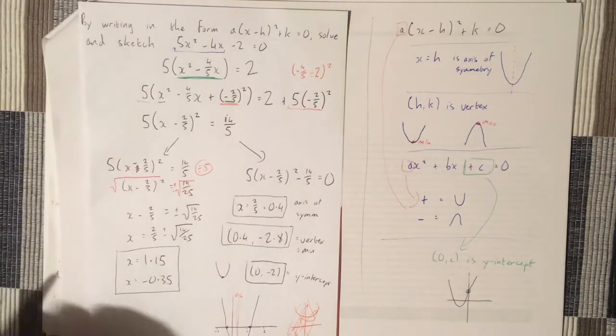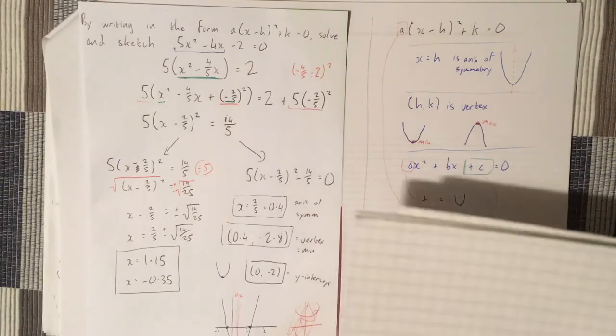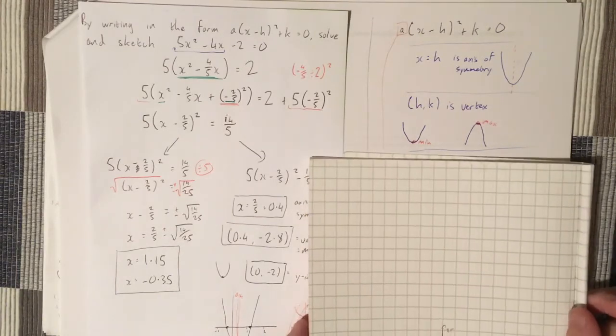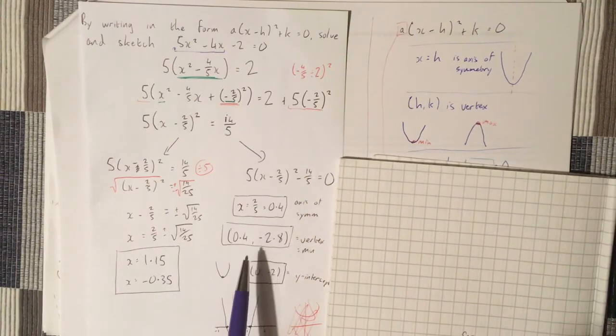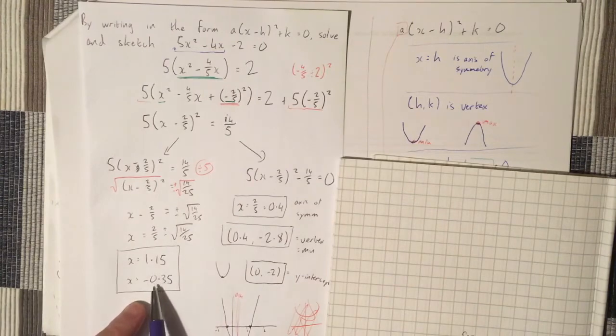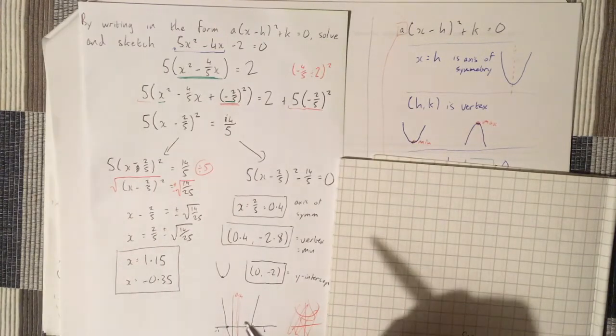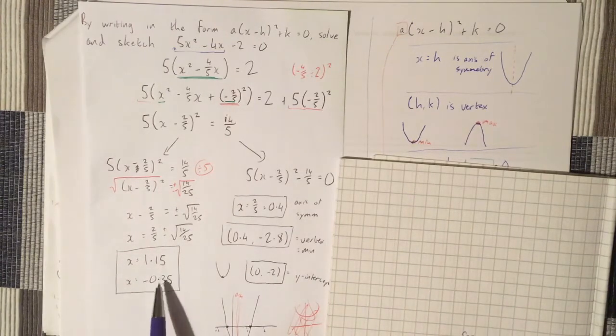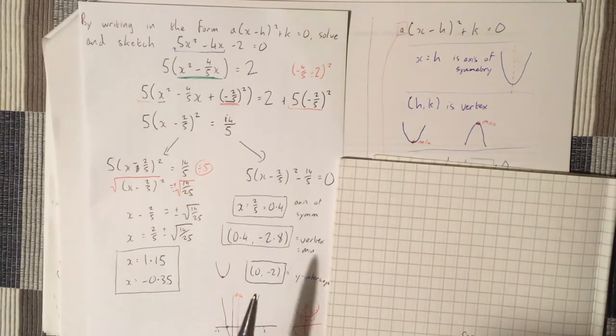So really quickly, I will draw this then. So my two roots are minus 0.35 and 1.15. So I might really stretch my x-axis out because they're quite close together. My y values then go down to minus 2.8. My y-intercept is minus 2. So I might really stretch this out.